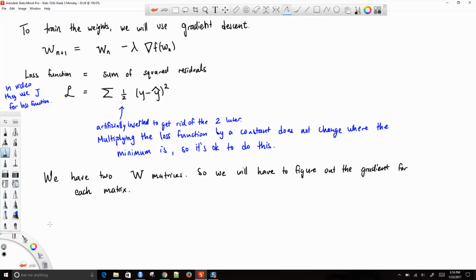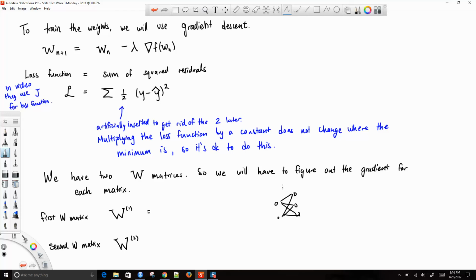When we think about this, we have our first weight matrix. What are the dimensions of the first weight matrix, and what are the dimensions of the second weight matrix? The first covers going from our 2 inputs to our 3 nodes, right?